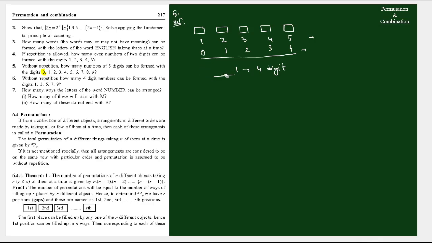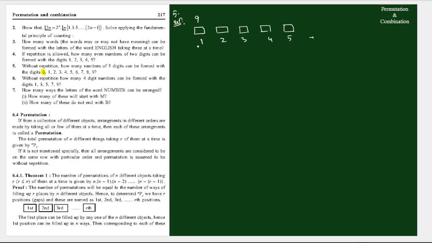So if you cannot use 0, then the first digit can be occupied by how many numbers? Apart from 0, 1 2 3 4 5 up to 9, so it can be done in 9 different ways. Repetition is not allowed.